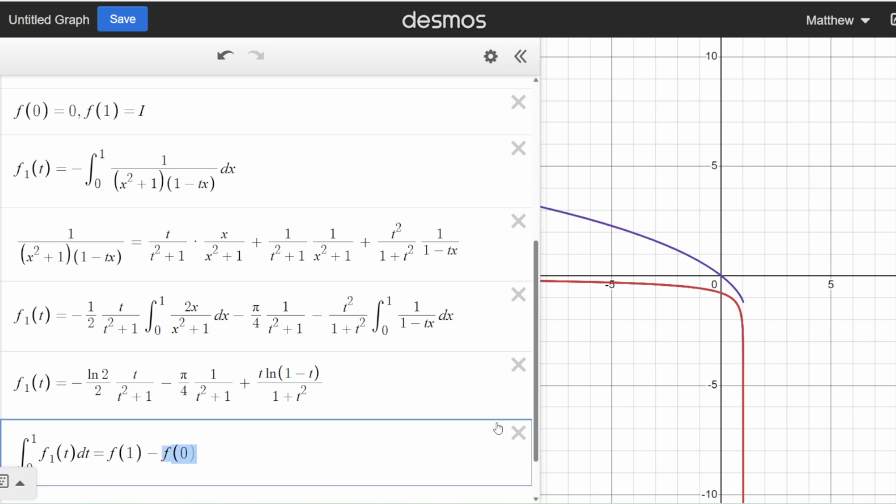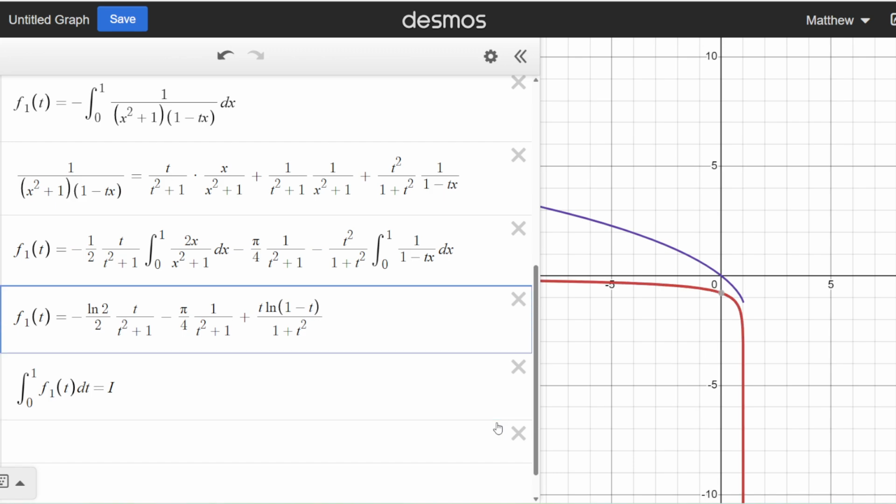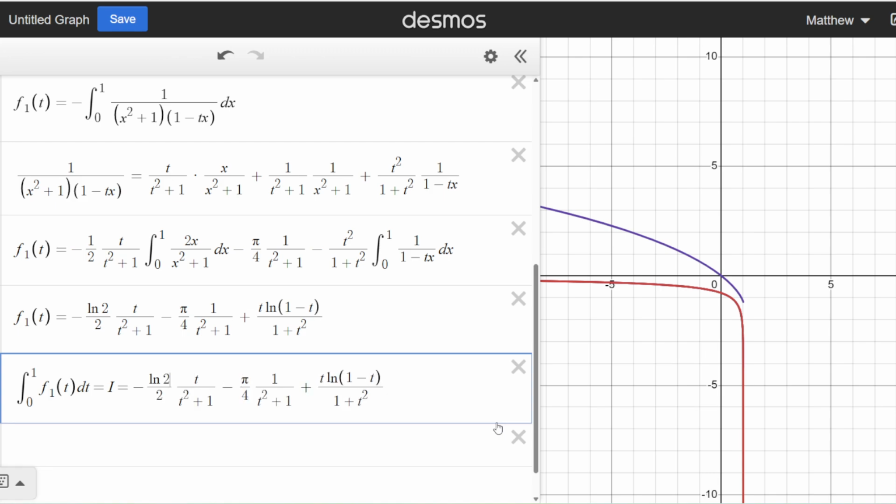F at 0 is 0, so that goes away, and f of 1 is I. So if we integrate our f prime of t from 0 to 1 dt, we get I. Don't forget, f prime of t is just this thing right here. So that is going to be equal to the integral from 0 to 1 of this dt minus pi over 4 times the integral of this from 0 to 1 dt times the integral from 0 to 1 of this dt.